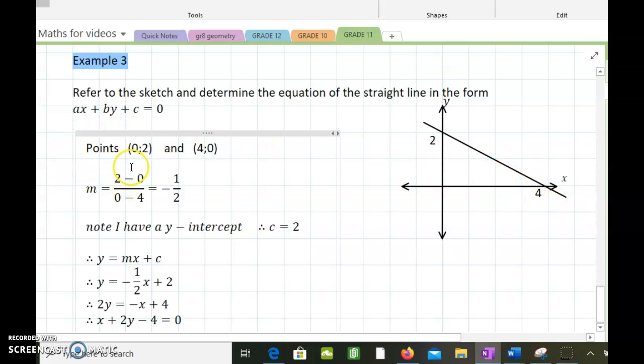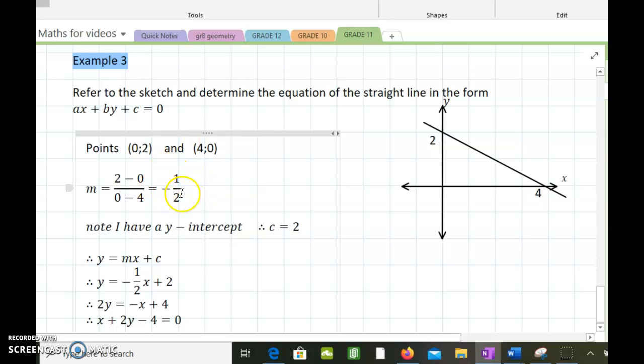So I can work the gradient formula, 2 minus 0, changing the y, with the corresponding change in x, 0 minus 4, and then I'll get -1/2. Alternatively, just looking at this and using our knowledge of rise over run, the gradient is negative, and it's the vertical over the horizontal. So that's 2 over 4, which is 1/2, and we know the gradient is negative.